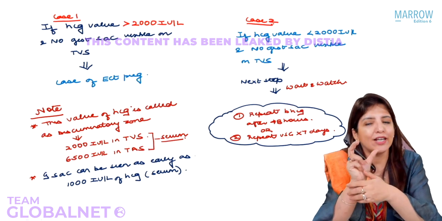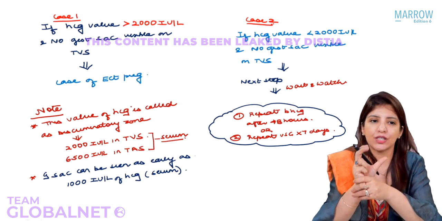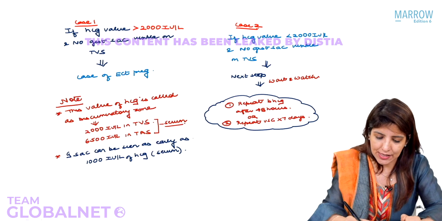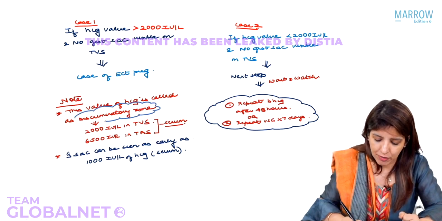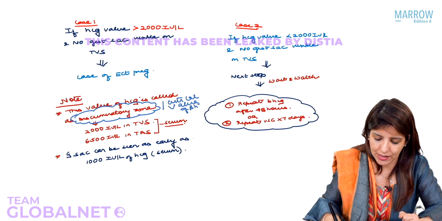So this value of beta HCG, 2000, is very important. This value of HCG is called the discriminatory zone. What is it called? The discriminatory zone, or the critical value of beta HCG.